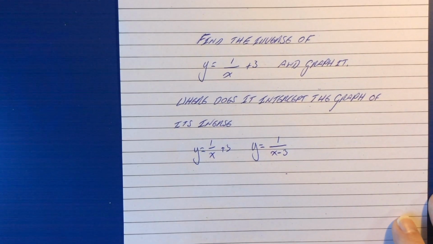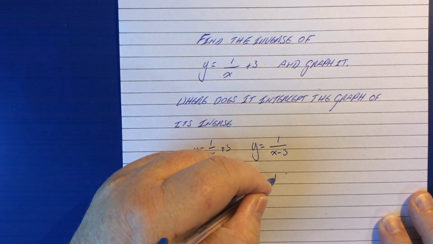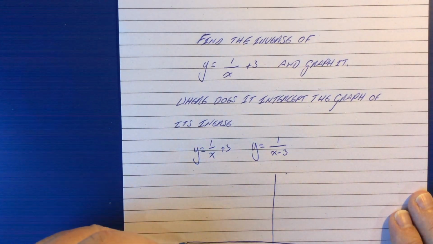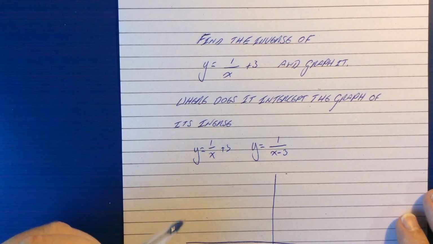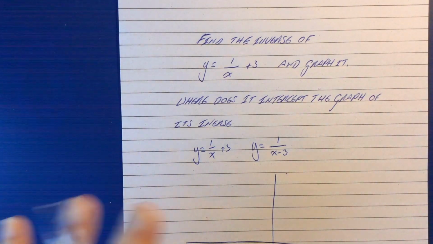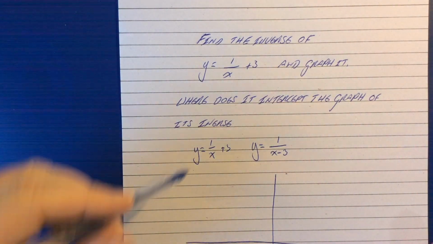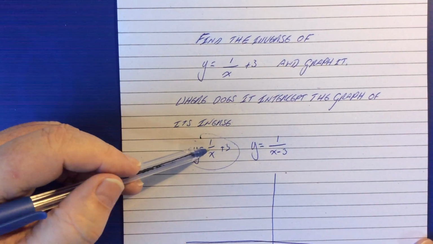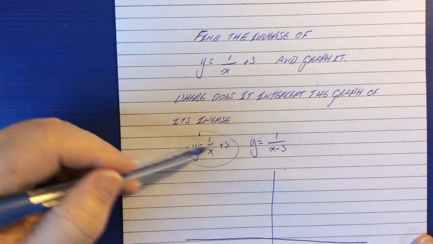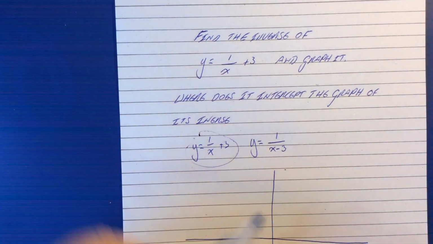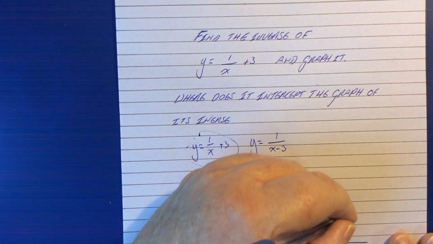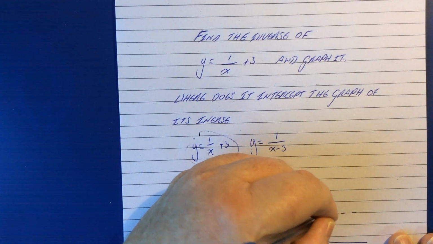But first of all, I'm just going to do a quick drawing so that we can see what these things look like. I'm going to do one in blue pen and one in red pen. The first one I'm going to do in blue pen. Now, this has two asymptotes. One is the y-axis, and the other is here.